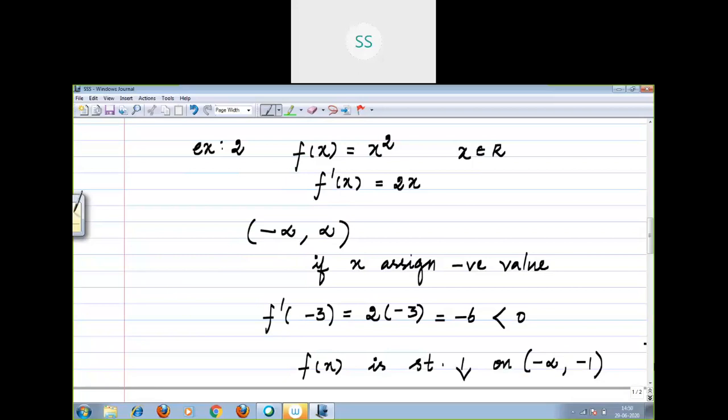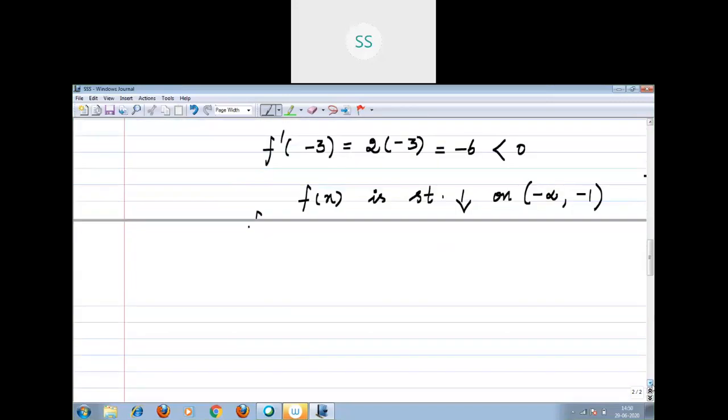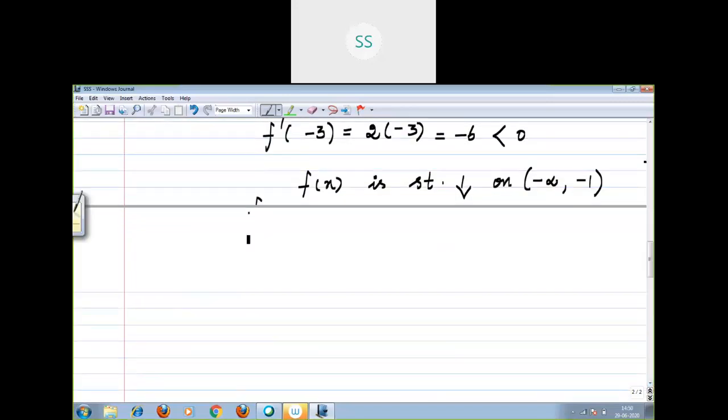Next, if you are assigning a positive value, that means from 1 to infinity, f dash of 3 equals 2 into 3, which is equal to 6, greater than 0.